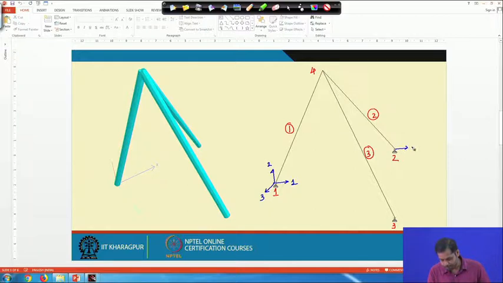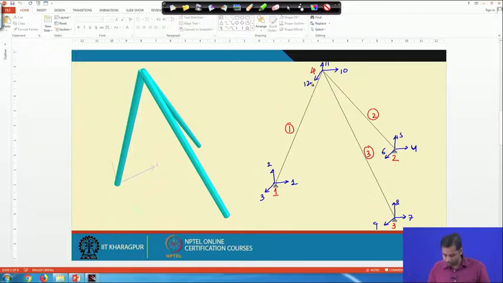Similarly, here this is 4, 5 and 6, then 7, 8 and 9, and 10, 11 and 12. So, it has a total of 12 degrees of freedom.